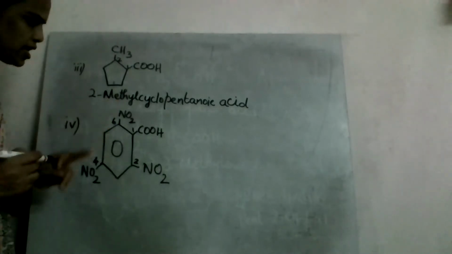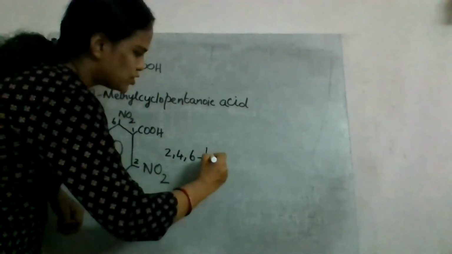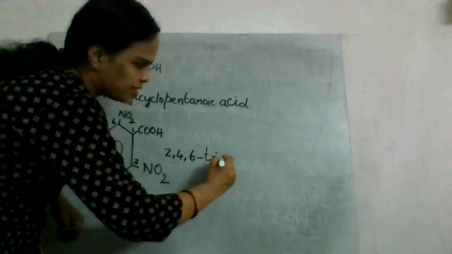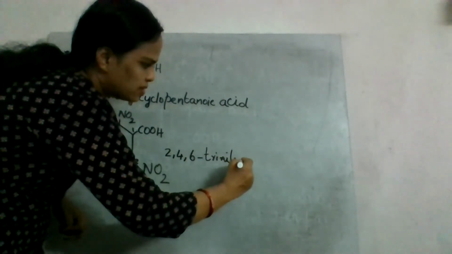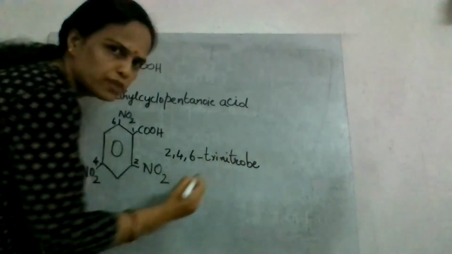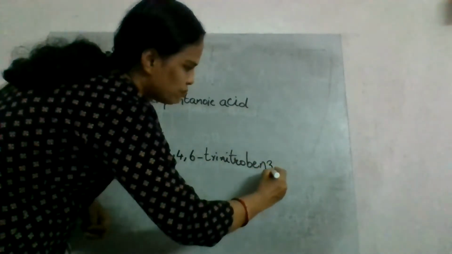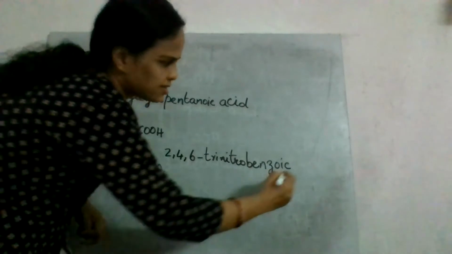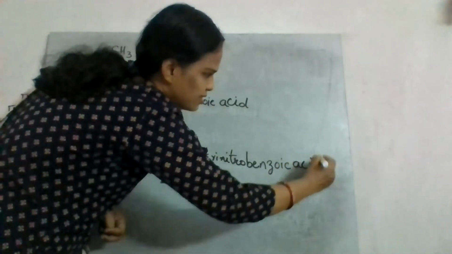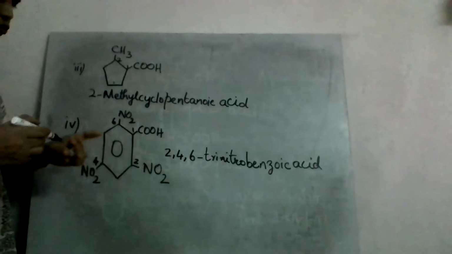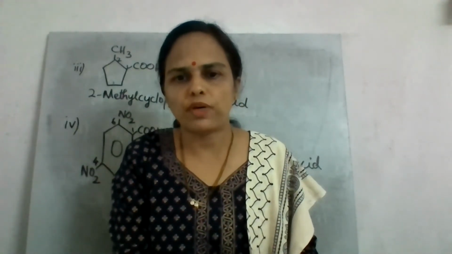So the name of this compound is 2,4,6-trinitrobenzoic acid. I'm writing it here on the top. This is the name of the compound. That is how you will write the IUPAC names of the compounds.